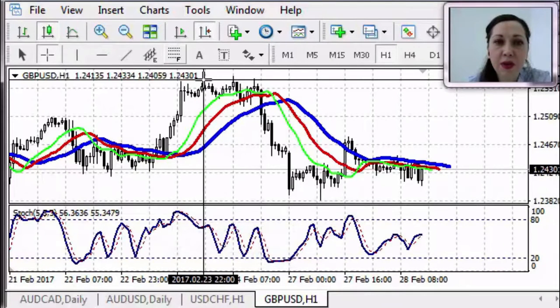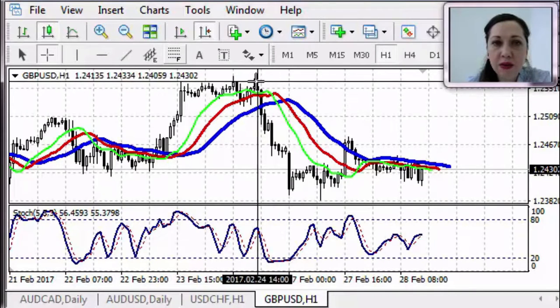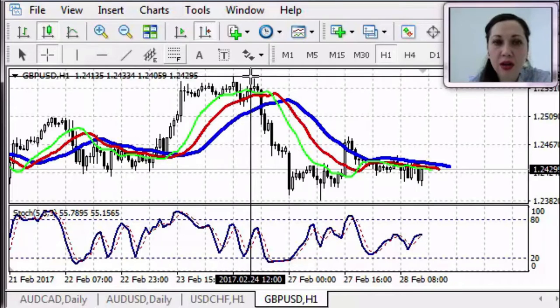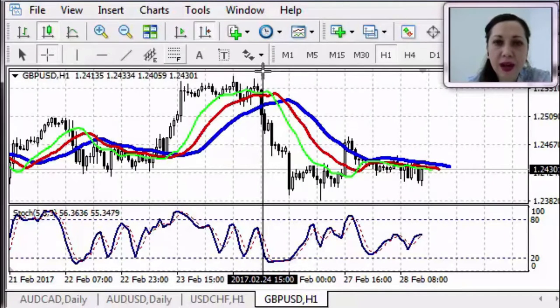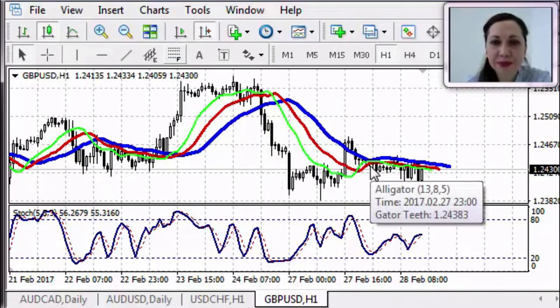A few pips higher would be our stop loss. And it's good because you see there are lots of shadows that show the market was uncertain, with strong movements here. So over here would be our stop loss. As you can see, our trade was successful this way too.